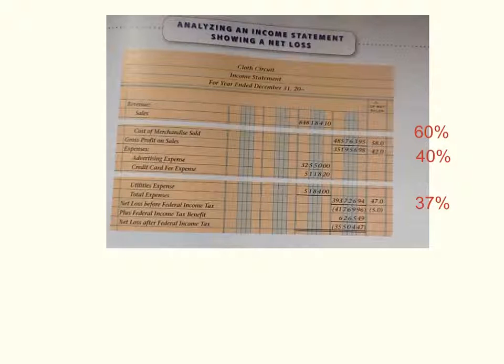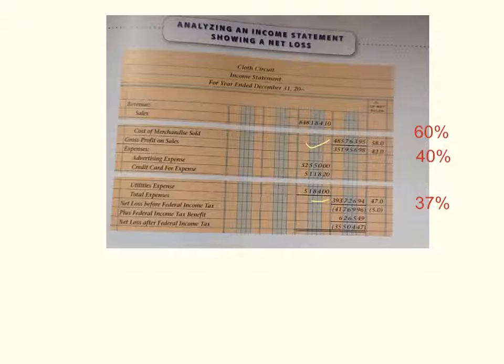This is an example of an income statement showing a net loss. The gross profit of $351,195.98 is less than your total expenses of $393,000. Losses are shown in brackets, as we have here with the $41,769.